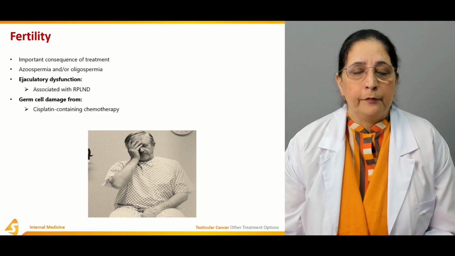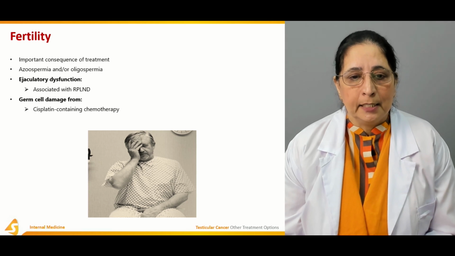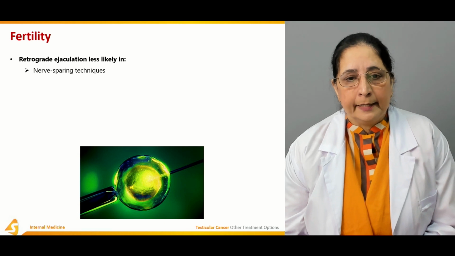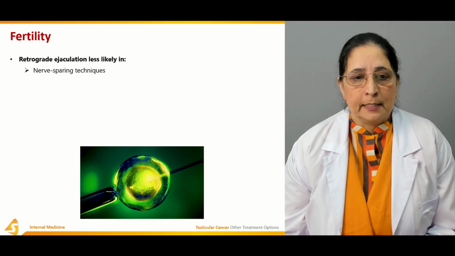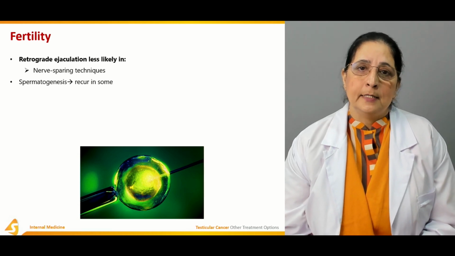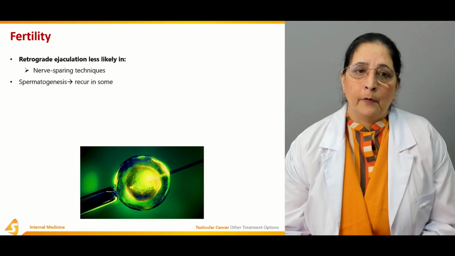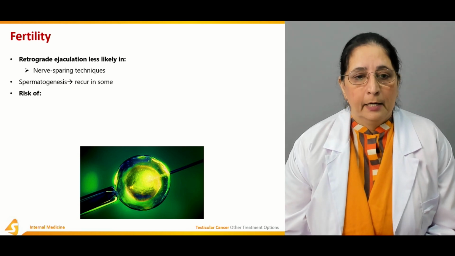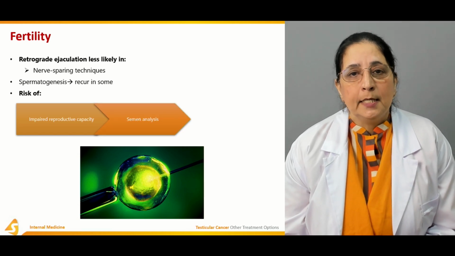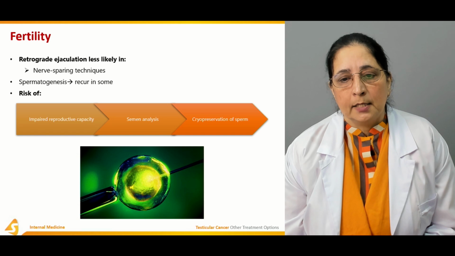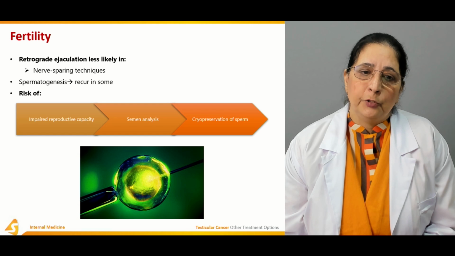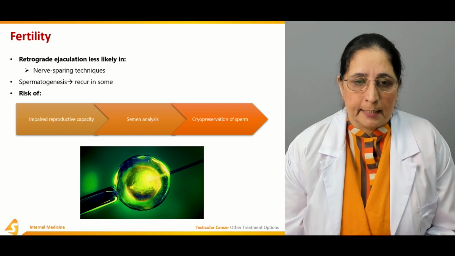Germ cell damage occurs from cisplatin-containing chemotherapy. Spermatogenesis reoccurs in some patients, and they start forming sperm again. Because of the risk of impaired reproductive capacity, semen analysis should be done, and cryopreservation of sperm can be used to treat the infertility.